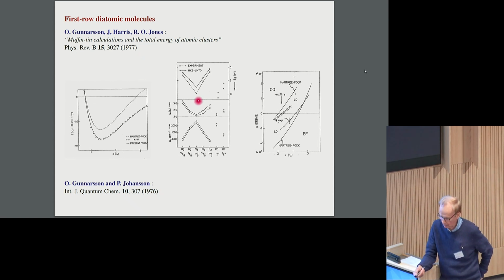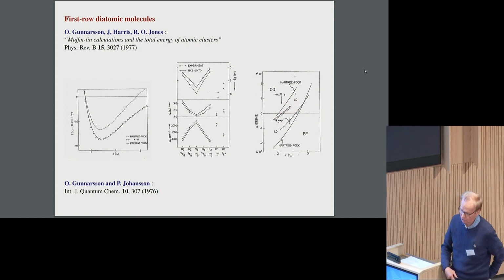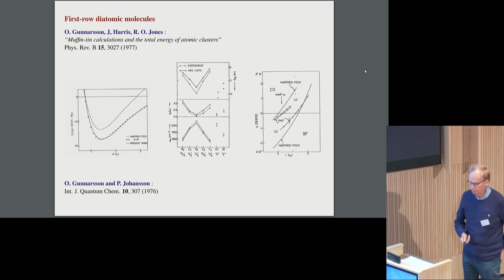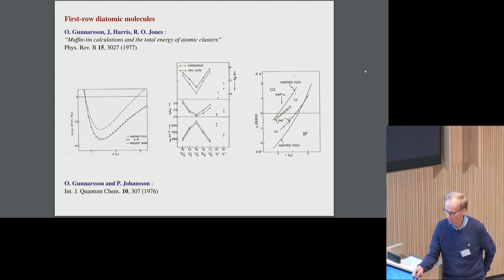One thing that you can get out of the density distribution and knowing the charges is the change in the dipole moment, and we see here that the local density, LDA approximation maps rather well the change in the dipole moment as the distance between carbon and oxygen varies.